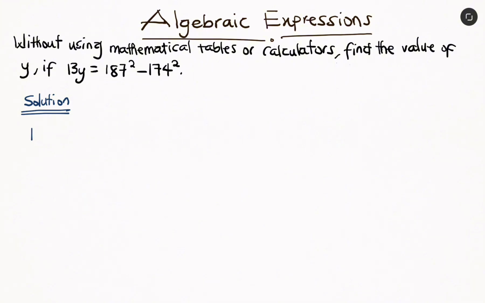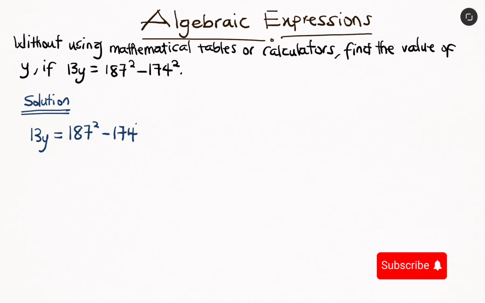So the question is 13y is equal to 187 squared minus 174 squared. Now if you look at this expression, we realize that the number and the variable, which is the 13y, is on the left side, and then the numbers are at the right side. So the question has already been grouped, or like terms has already been grouped for us.